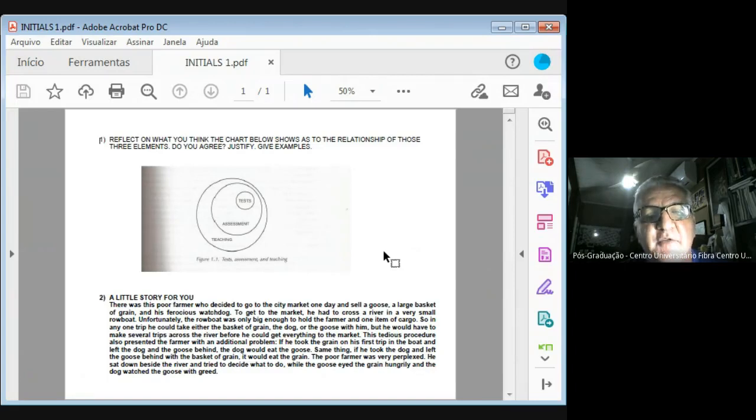Same thing if he took the dog and left the goose behind with the basket of grain, it would eat the grain. The poor farmer was very perplexed. He sat down beside the river and tried to decide what to do, while the goose eyed the grain hungrily, and the dog watched the goose with greed.